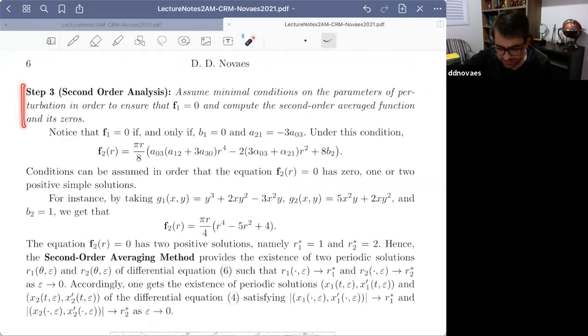In step 3, again, we assume minimal conditions on the parameters of perturbation in order to ensure that the first order average function vanishes, and compute the second order average function and its zeros. So note now that f1 is equal to 0 if and only if b1 is equal to 0 and a21 is equal to minus 3a03.